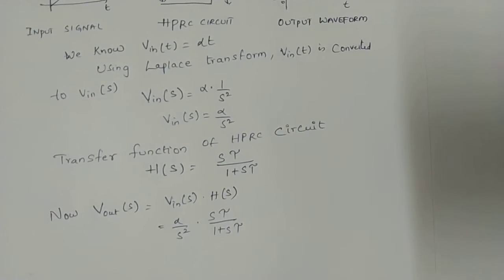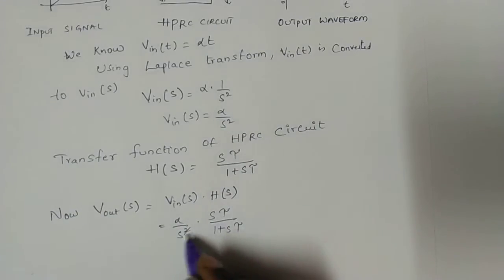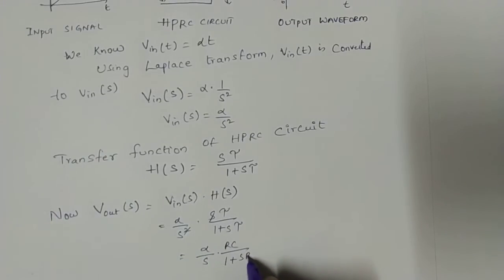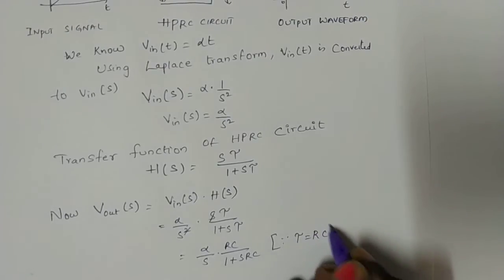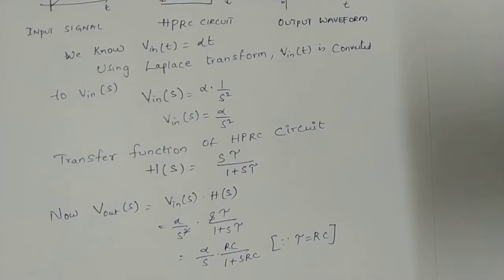Now cross multiply the common terms. Here the S square and S term will cancel. Then it is represented as alpha S into RC by 1 plus S into RC, since tau is nothing but the time constant RC.